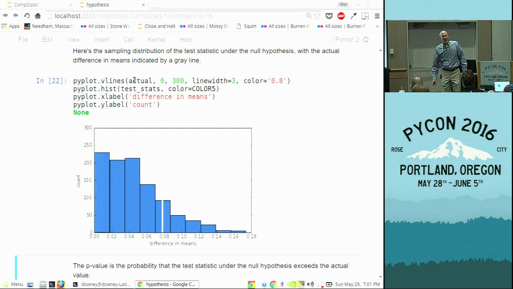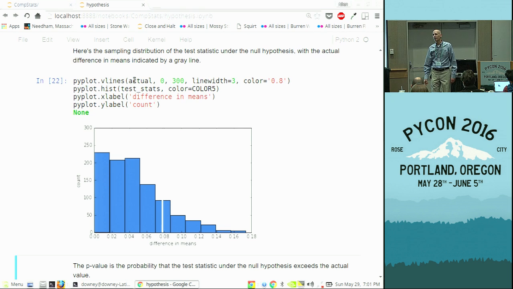And you can see that under the null hypothesis, if there really is no difference between these two groups, delta is usually smaller than delta star. And if I count how many times it is greater, that is going to be this part of the curve. And it turns out to be about 15 times out of 100, which is my p-value, which is 0.15 or 15%.